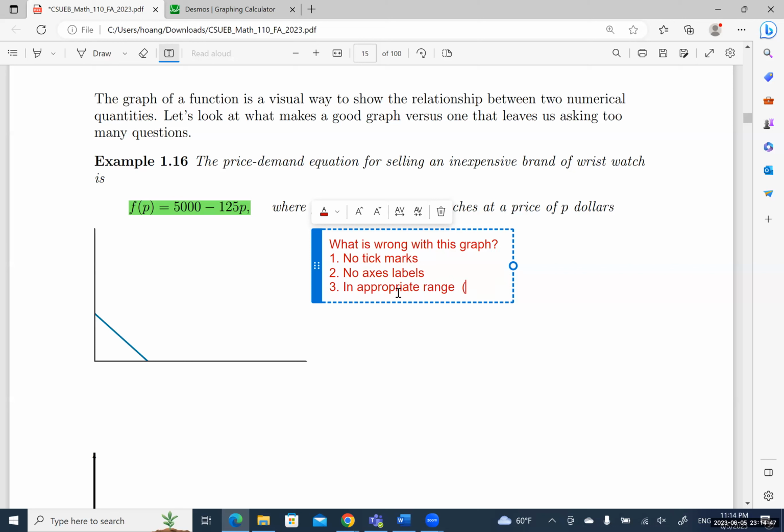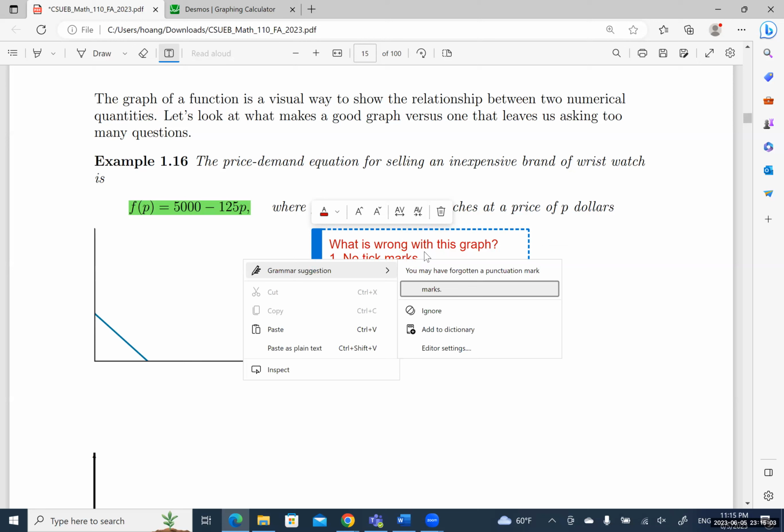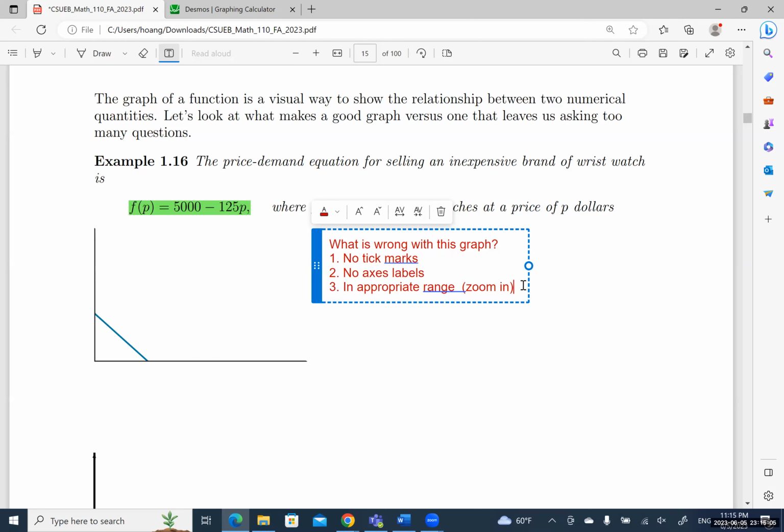We need to zoom in, since you can see that we don't need to care about the values outside of this, right? What else? No caption.